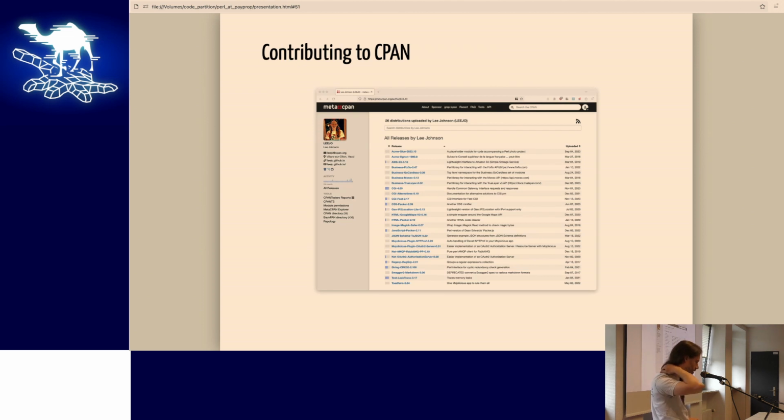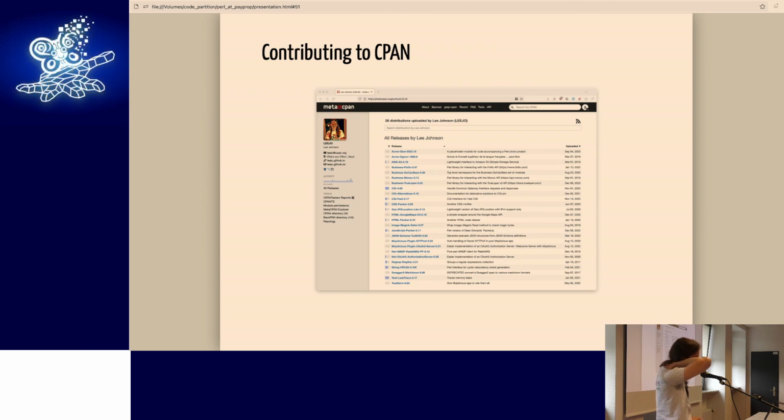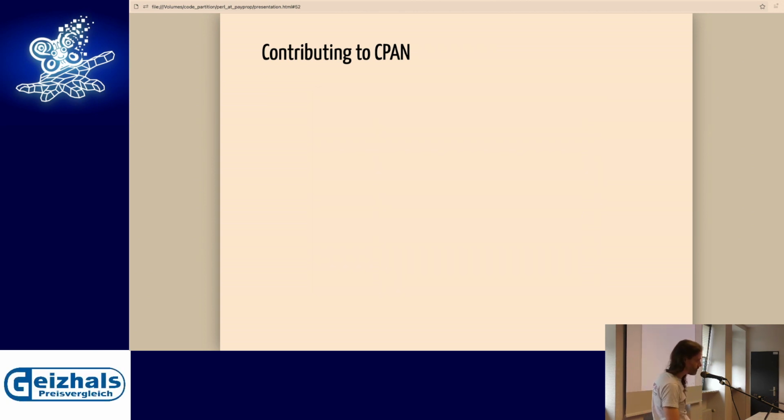So, contributing to CPAN, we actively encourage people to contribute to CPAN. So these are all the distributions we've either written or taken over maintenance of in the last decade. That's quite small, don't worry about it. It's stuff like Mojolicious plugins. So I wrote the NYTProf plugin.